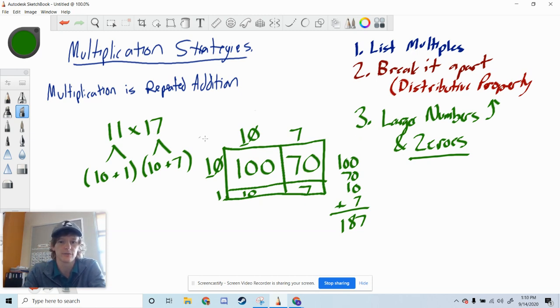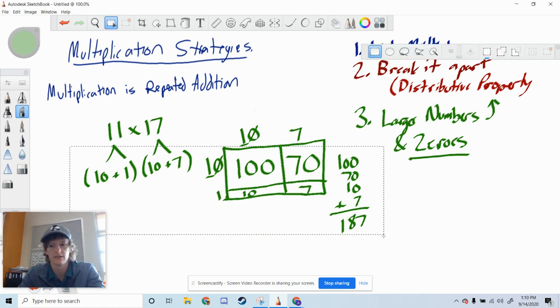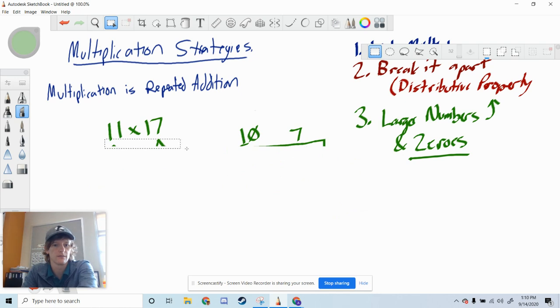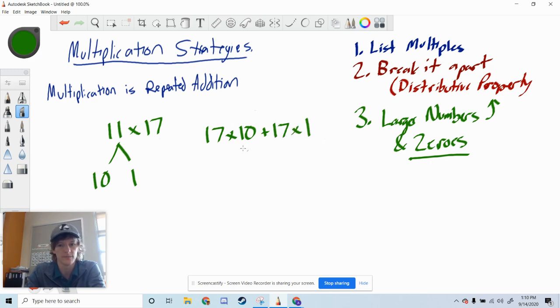I really like this method, but I want to show you another thing we could have done here. Maybe would have made it a little easier. Break this 11 into 10 and 1. So now I'm doing 17 times 10 plus 17 times 1. 17 times 10, we're going to do our zeros trick.